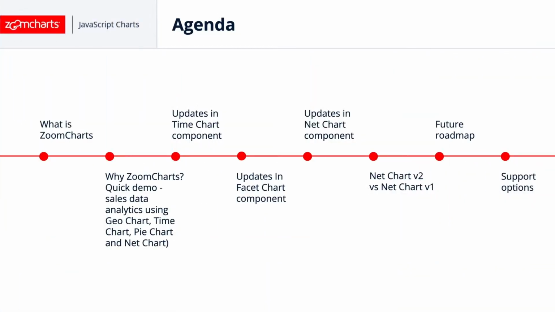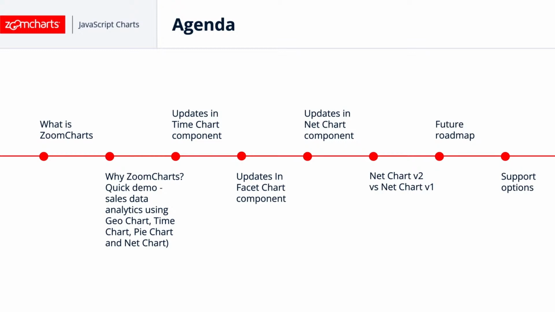Now, I've already given you the 30-second overview, but what exactly is the agenda? More specifically, what sort of things are we going to talk about? Of course, you can see the bullet points in front of you if you just want a point-by-point demonstration, but broadly speaking, our agenda comes in 3 phases. First, we're going to talk about ZoomCharts itself.